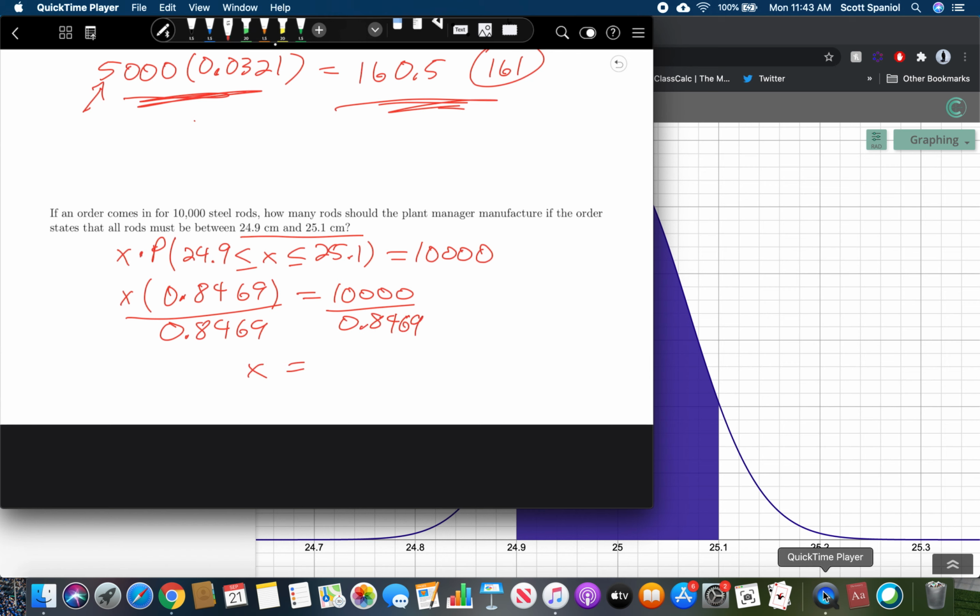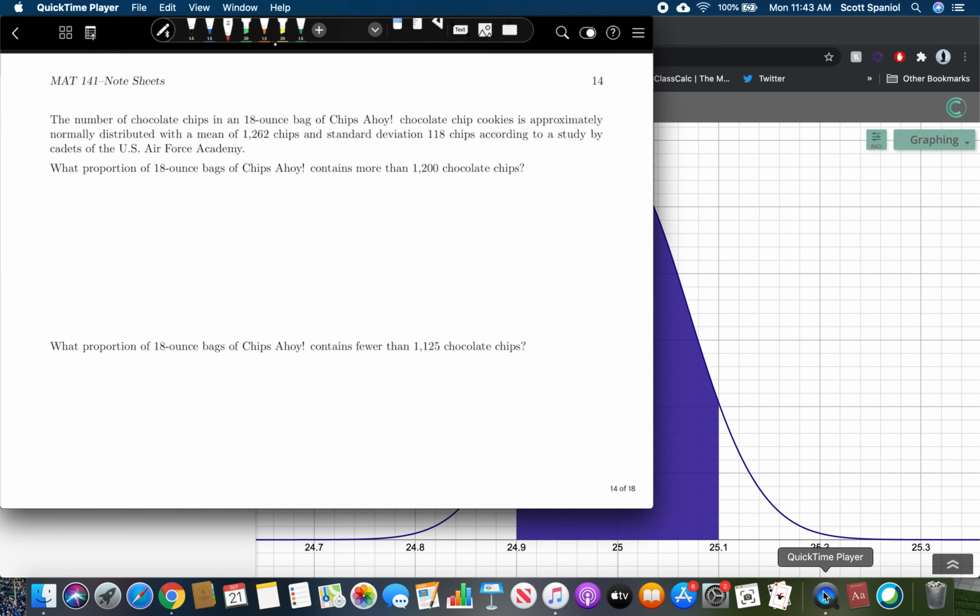So X is 11,807.8, and then we would want to round that up, and you'd always want to round it up because you need to overestimate. If you round down to 7, you'd probably end up with 9,999 rods instead of the 10,000 you actually need. Okay, so that's the idea there.